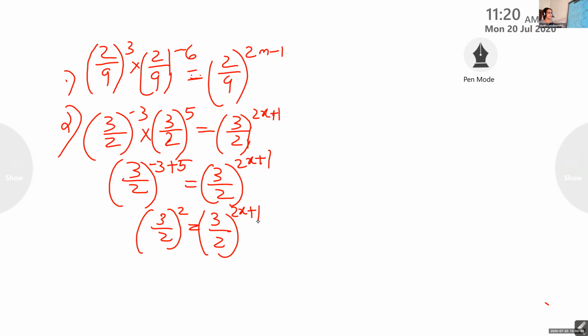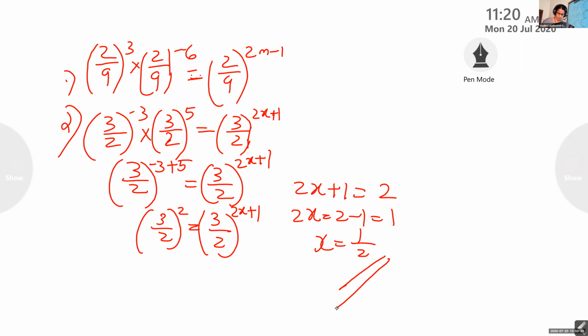What can we do next? 2x plus 1 is equal to 2. So 2x equals 2 minus 1, which is 1. So x equals 1 by 2.